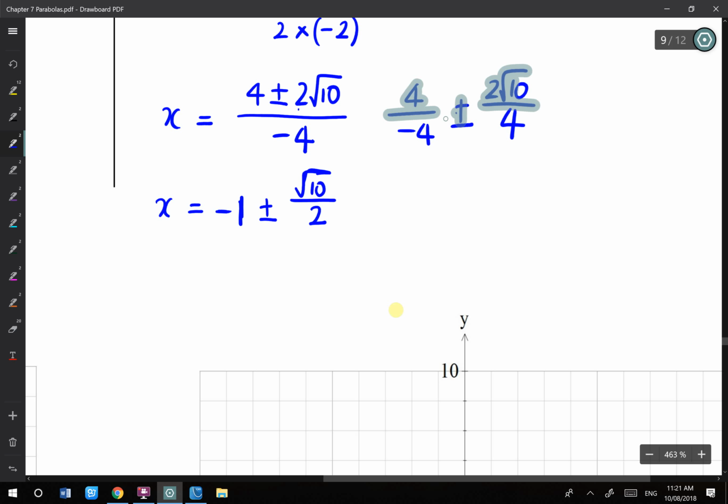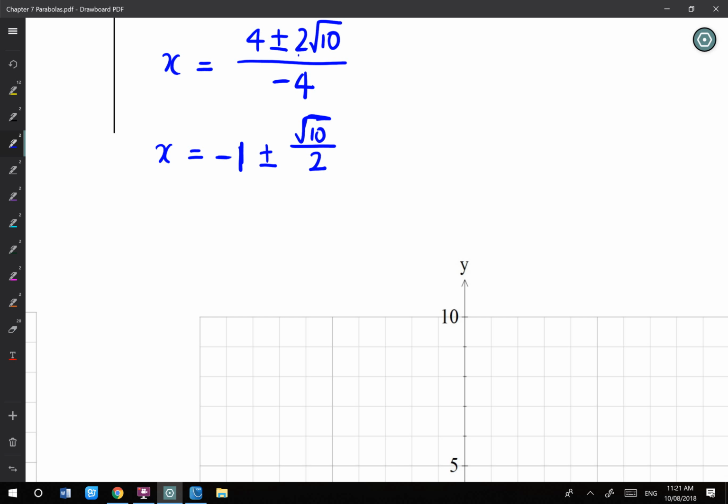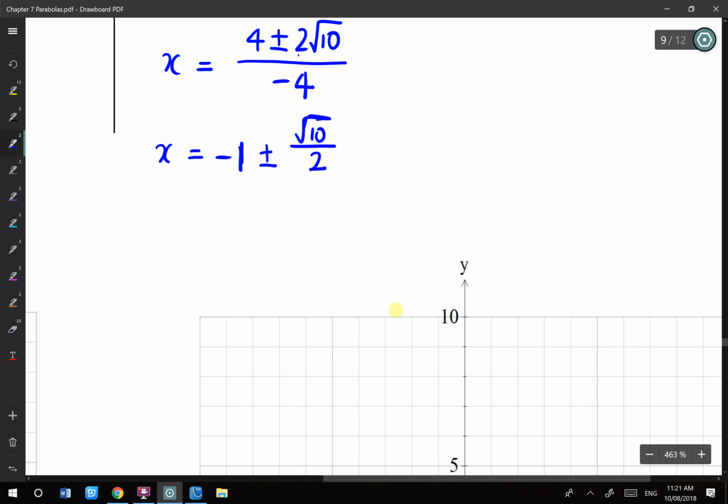But anyway, we have x-intercept here. What's root 10 approximately? 3 a bit. Can't be 4, okay, 3 a bit. So minus 1 plus 3 a bit over 2. Okay, 3 point something over 2.